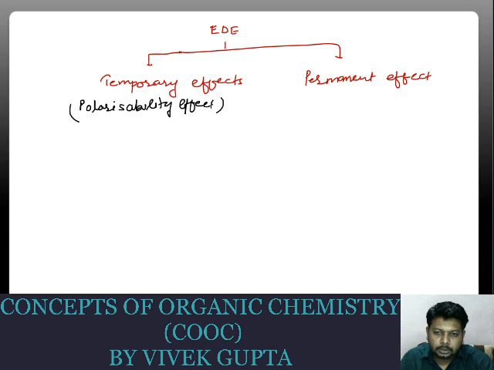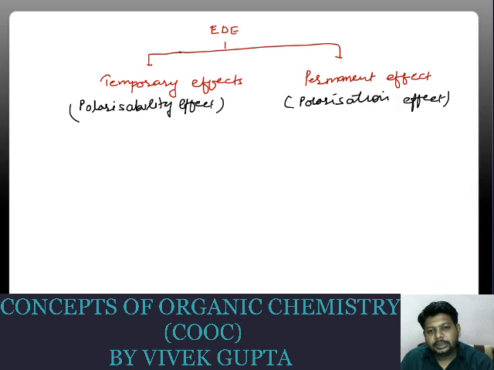Means the molecule will experience the electronic displacement effect without the presence of any external species. There is no need for any external species to exert this sort of effect. These effects are known as the polarization effect. Means they can be called polarizability or polarization effect.